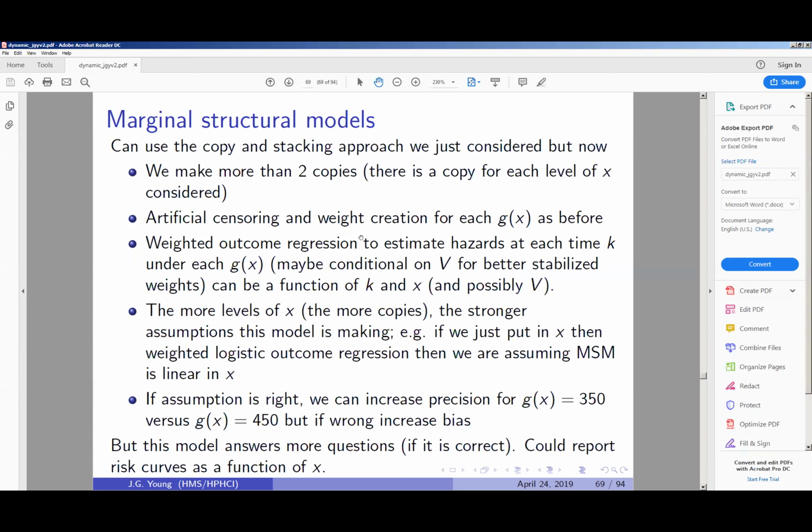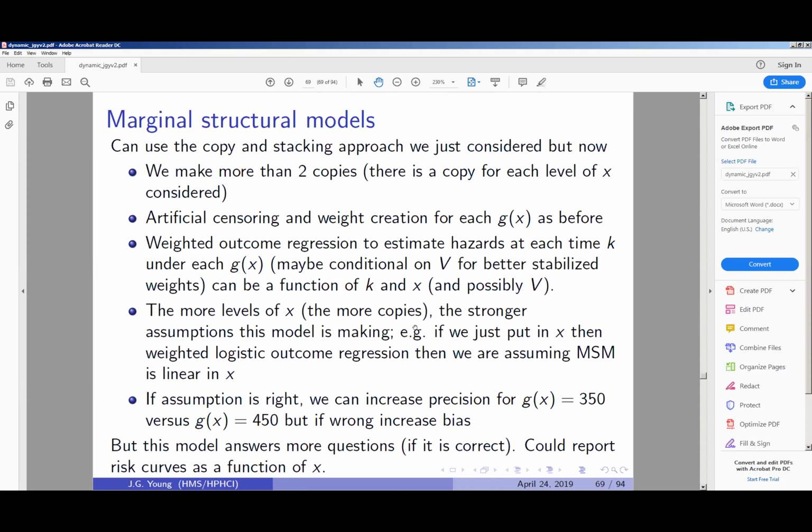Now it could be a function of X, and if you really wanted to make a strong assumption, you could make it a smooth function of X, like linear or cubic, or use machine learning. So the more levels of X we consider, the more data and follow-up we're going to use, but the stronger the assumption this model is making.